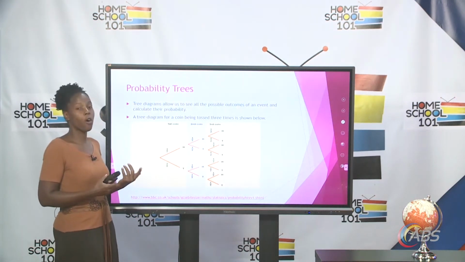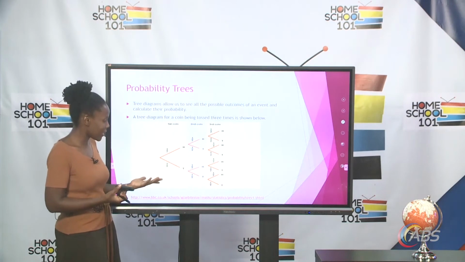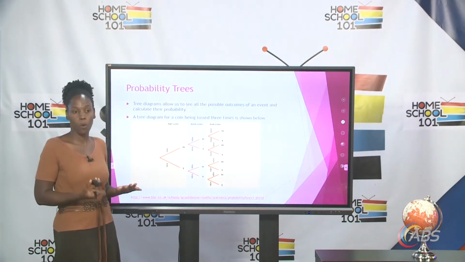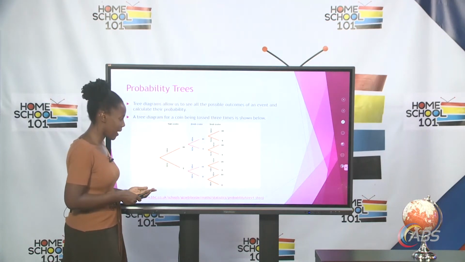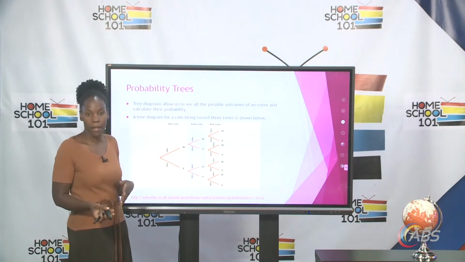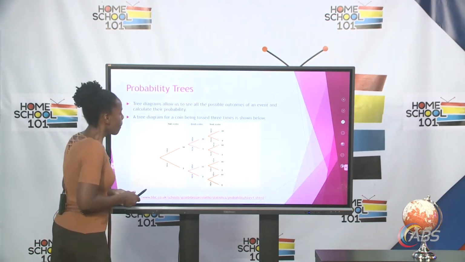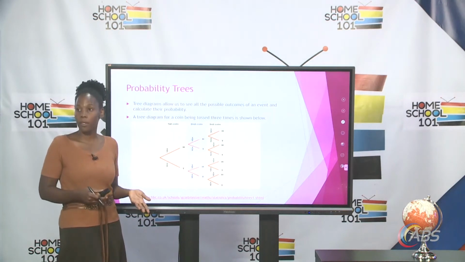Because there are only 2 options, the probability of obtaining a head or a tail would be 1/2 each. If we toss a coin a second time, the options are also heads and tails. But when we look at the tree diagram, remember we're looking at all the possible outcomes.